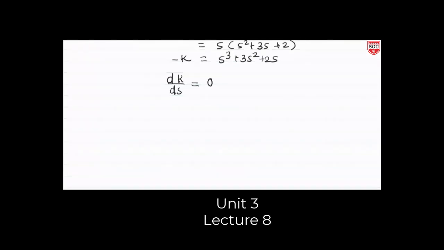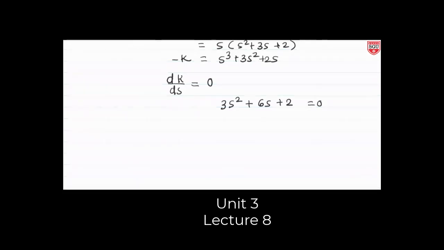So by taking the derivative and equating to 0, we get 3s square plus 6s plus 2, which is equal to 0. The minus sign will not have any effect because we are equating to 0.